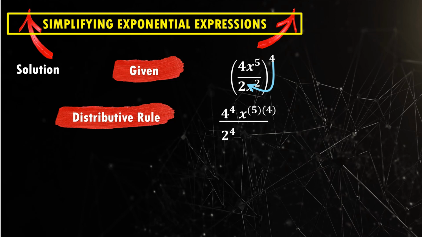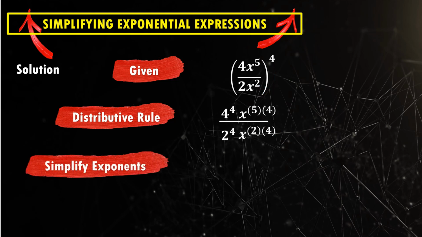Divided by, same process pa din, 2 raised to 4, and then x raised to 2 times 4. Then we have to simplify those exponents. So we have 4 raised to 4. Simplify natin tong mga exponents na to. We have x raised to 20, or 5 times 4, we have 20.